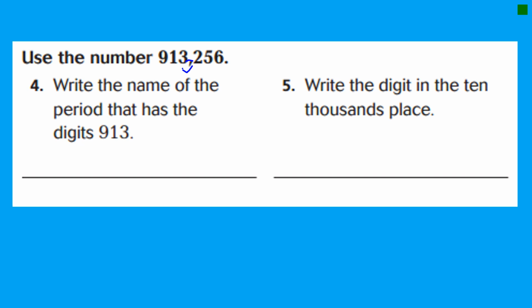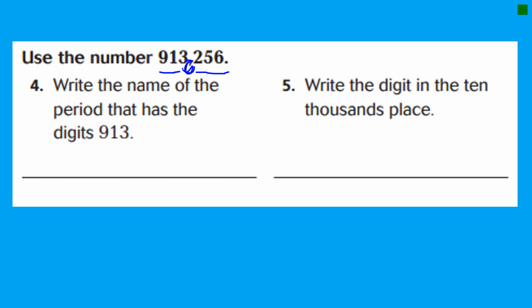I know that I have to say a word when I get to that comma. So I'm going to say, 913, there's a comma, 1,256. So 913,256 is what's going to be used in 4, 5, and 6.